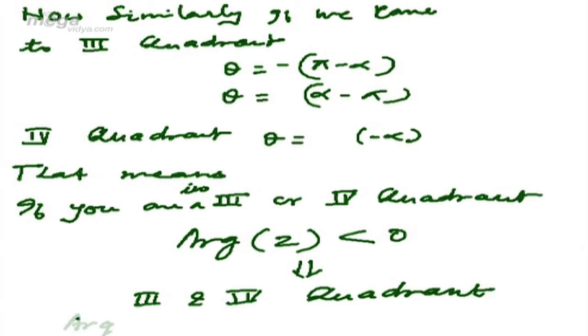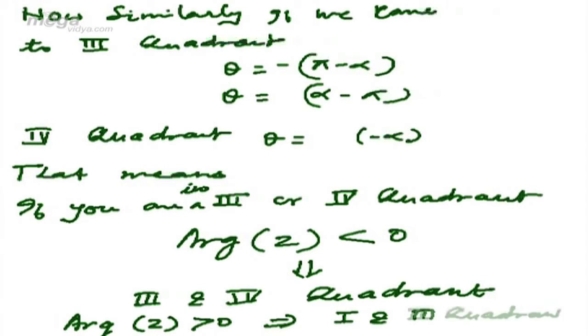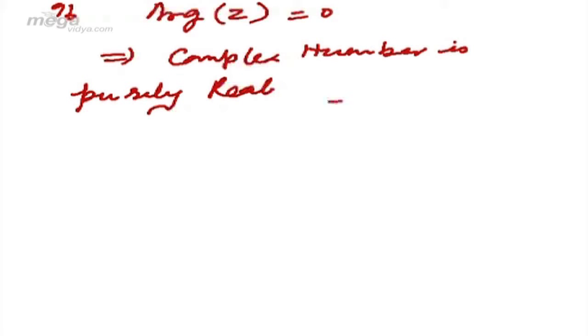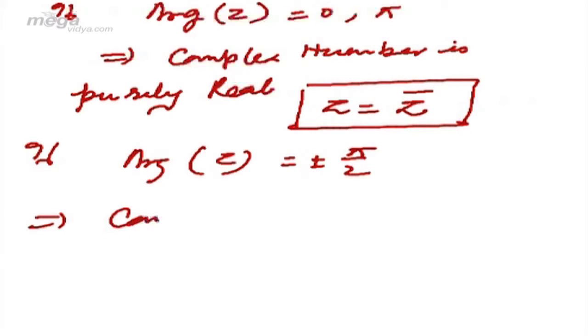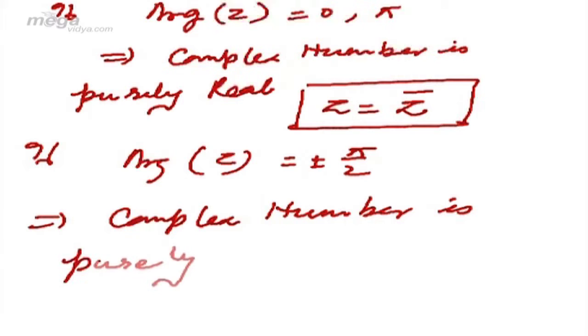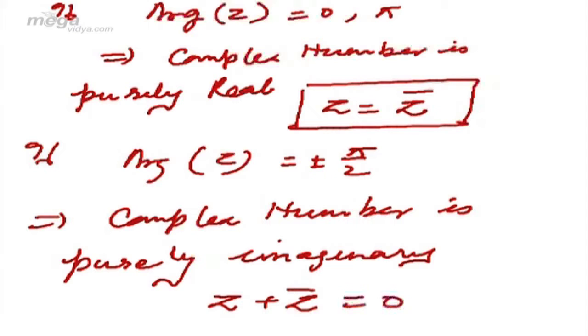If the argument of Z is greater than 0, that means you are in the first and second quadrant. If the argument of Z is equal to 0, that means the complex number is purely real, that is, Z is equal to Z bar. If the argument of Z is equal to pi by 2, that means the complex number is purely imaginary, that is, Z plus Z bar is equal to 0.